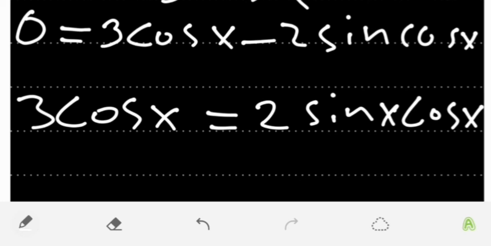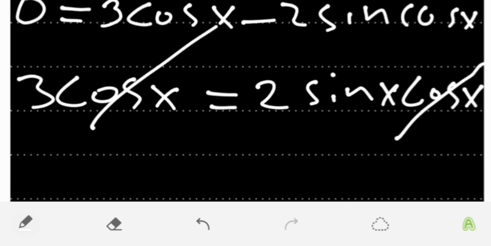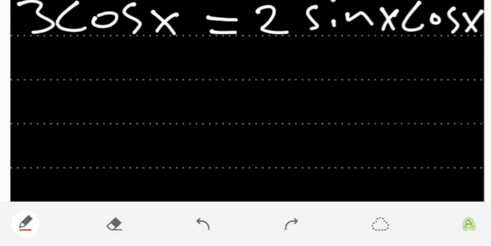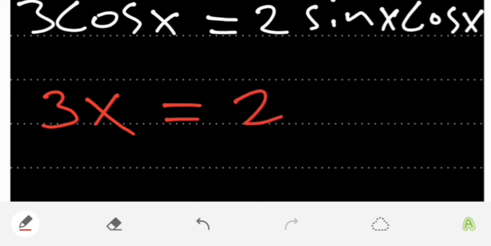Now notice, you can't just cut cosine of x over here. Why is that? Because it's like if you had, let's say, 3 multiplied by x equals to, let's say, 2 multiplied by x. If you cut x over here and x over here, you'll have that 3 is equal to 2, right?